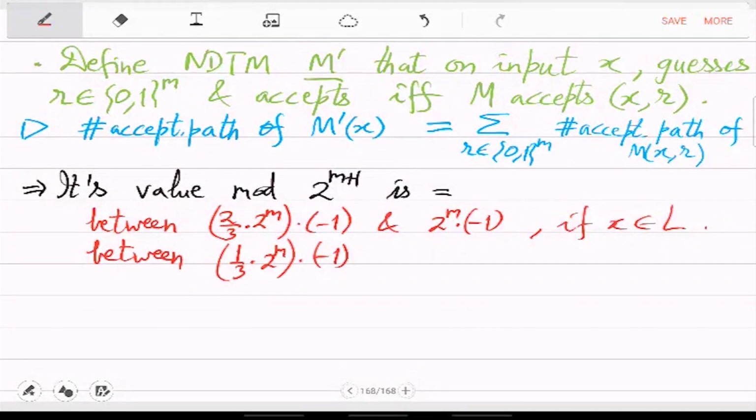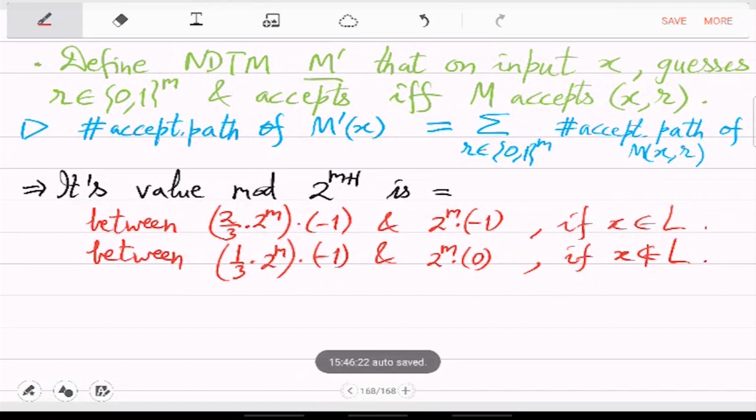That's if x is not in L. Basically, think of the no string case as either all the r's giving you 0, which is a good case, or in the worst case there are only 1/3 of 2 raised to m many -1s.